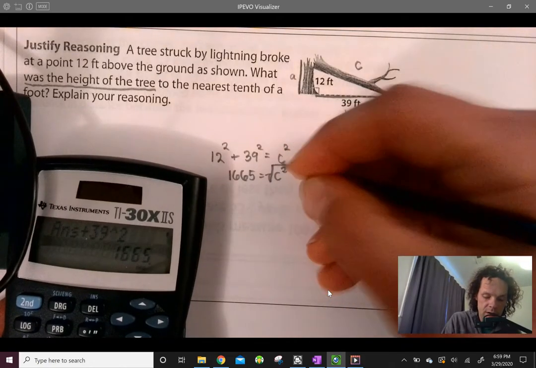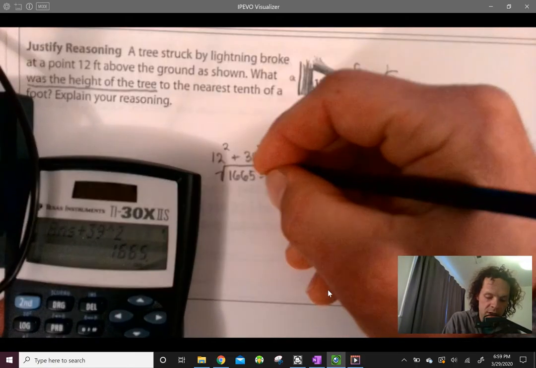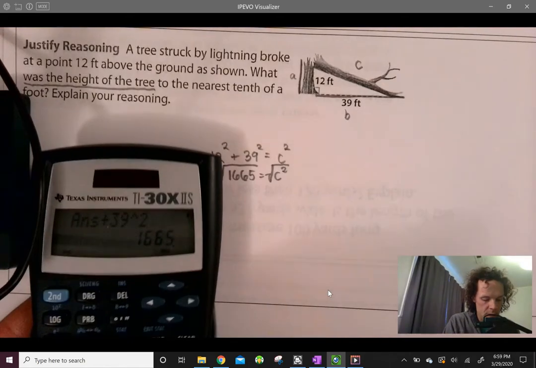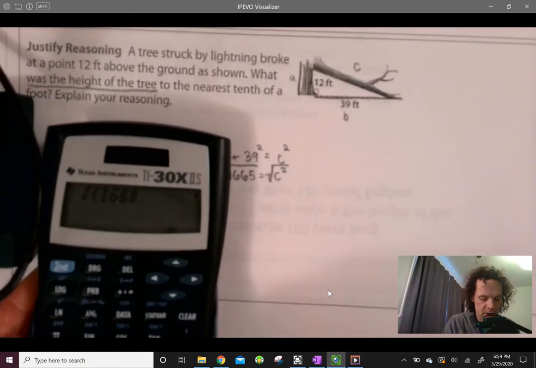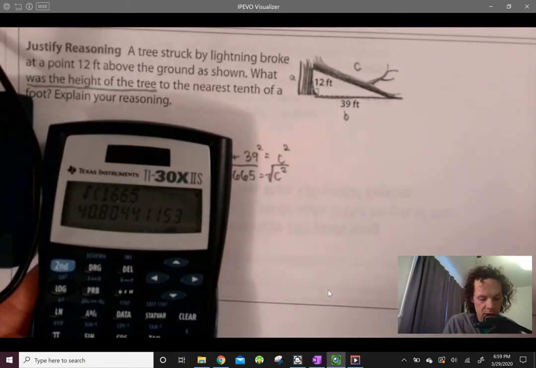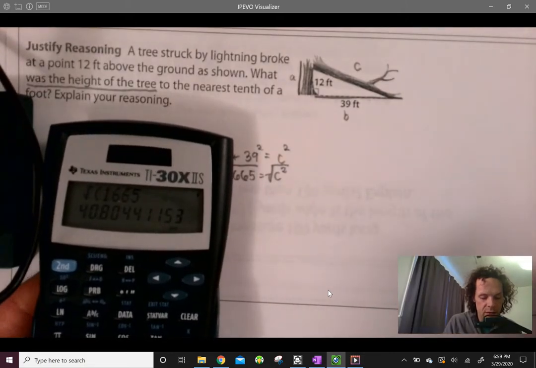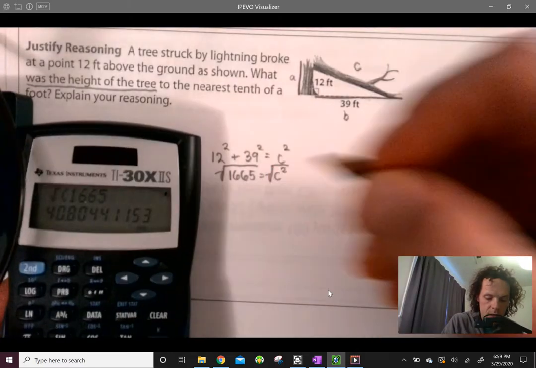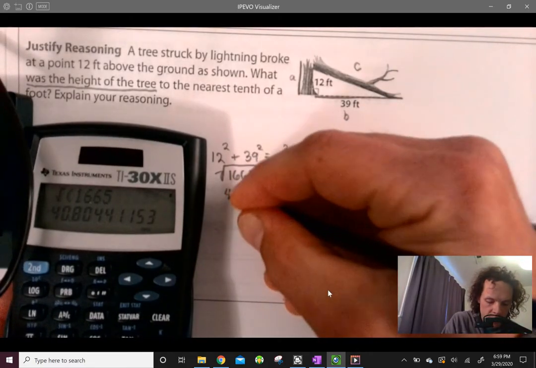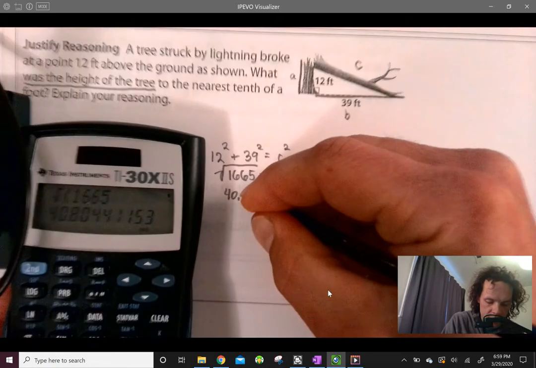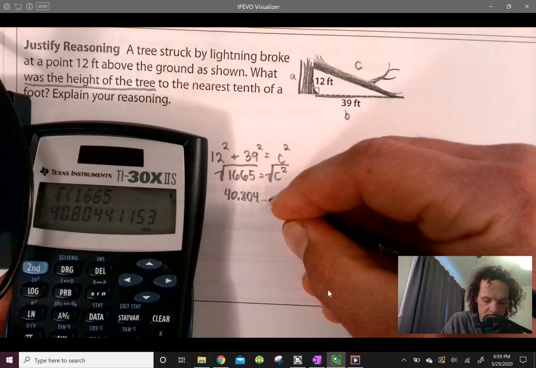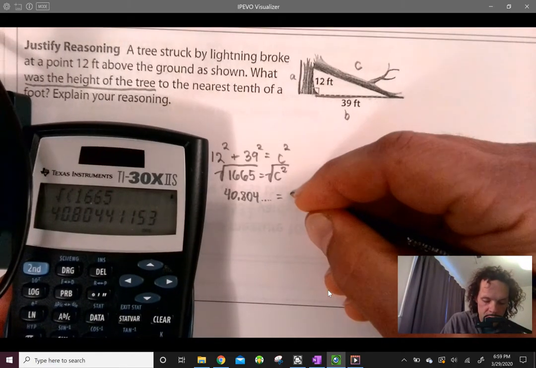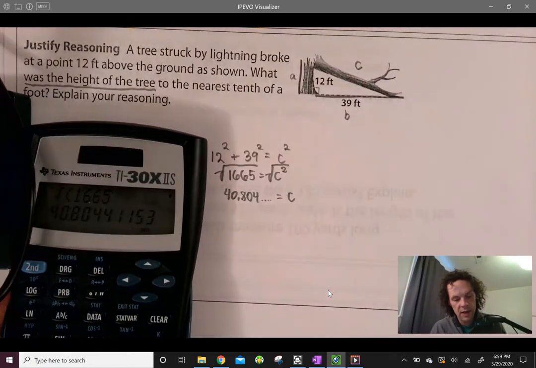And then I take the square root of both sides. So second x squared 1,665. And I get 40.804. And it keeps on going, right? It keeps on going out there. Is equal to C.